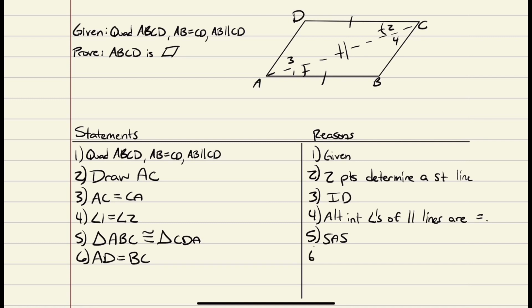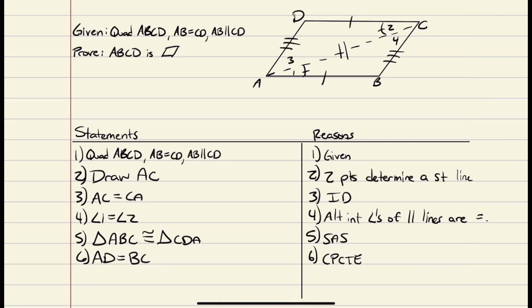Let's make that a 5. Number 6, I can say that those two sides are equal to each other because of CPCTE. AD equals BC, and so I just said that AD right here is equal to BC, so I'm going to mark that as well with 3.